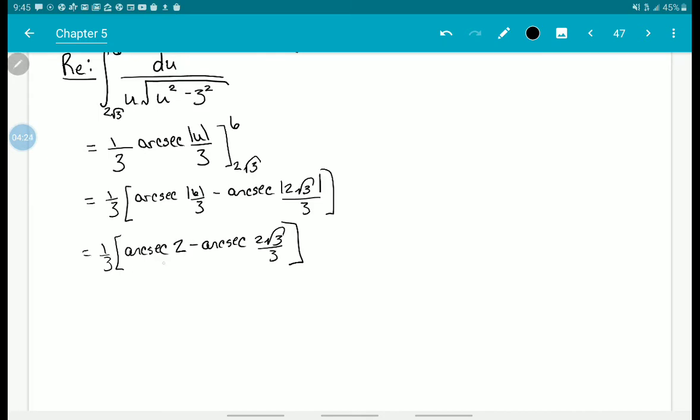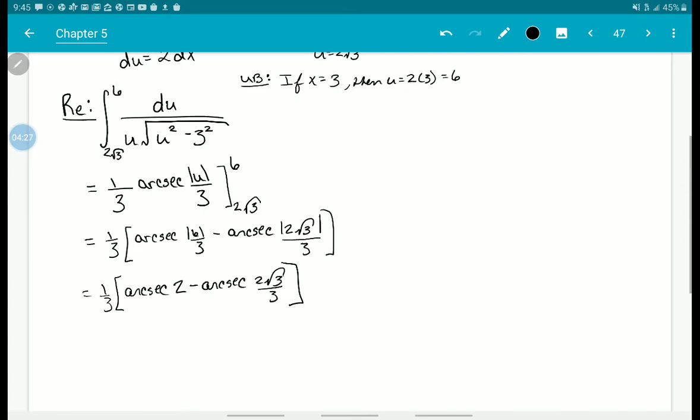So we need to figure out what these two pieces are. So I'm going to come over to the side and do that. Arcsecant of 2. We're setting that equal to theta. So we're asking, where is that secant equal to 2? What is that angle? If you want to think about everything in terms of sines and cosines, that's perfectly fine.